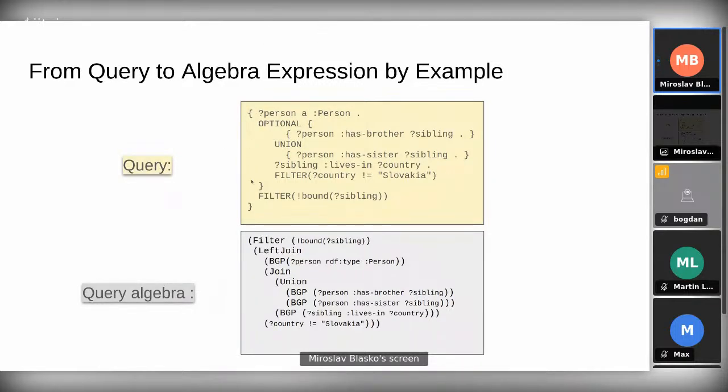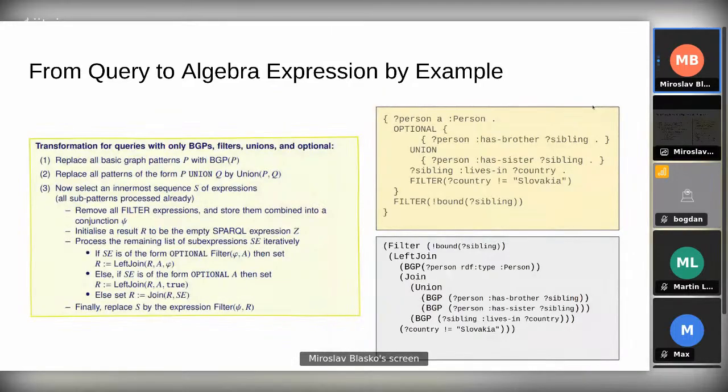This is what is in between the WHERE clause, and this is what it returns. But I just wanted to show a slide where both of those pictures are together. So I would go over this transformation algorithm. Within it, you have this on the input, and you would like to translate it to the algebra.